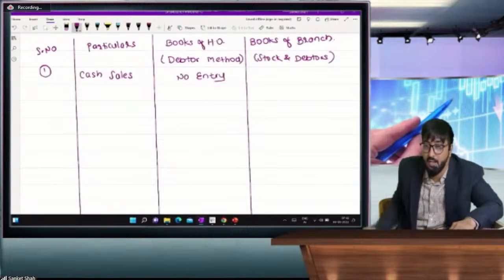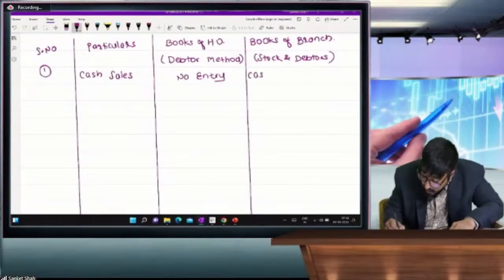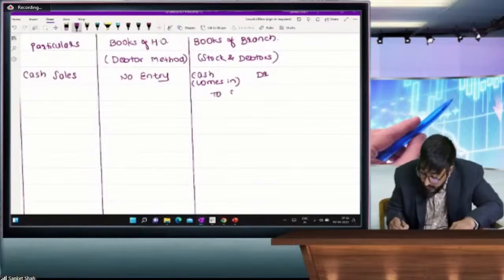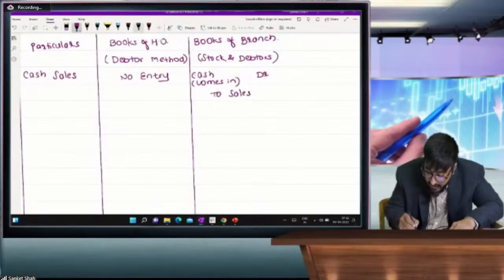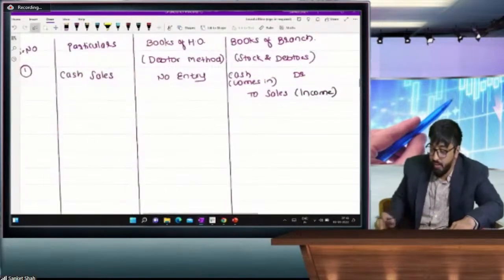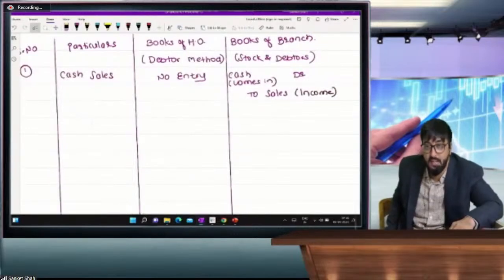Now for branch, what comes in? Cash comes in. Don't write if you are already aware about this logic. Cash comes in. And to sales. Why sales is credited? Because sales is income. So cash account debit to sales. So this is the first entry.